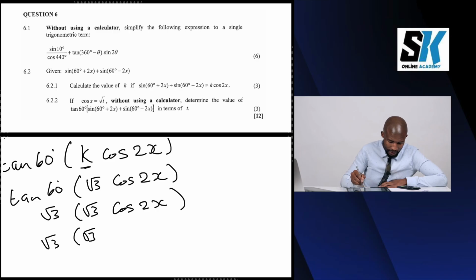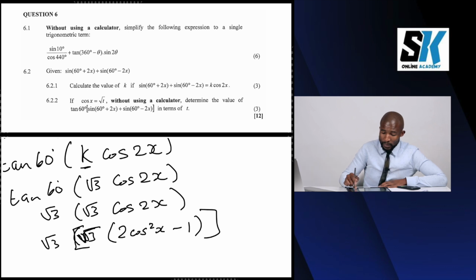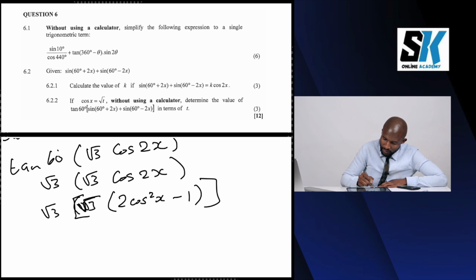So if we can change that, we're going to say brackets, 2 cos squared x minus 1, close your bracket, then we know this one and this one is going to give us a 3, and then you're left with 2 cos squared x minus 1.